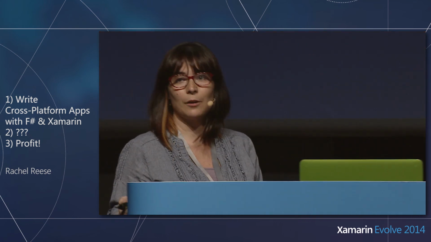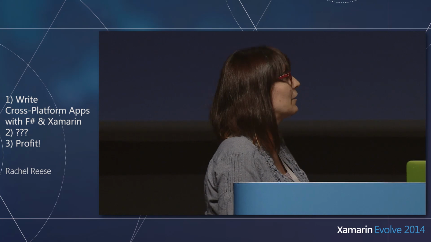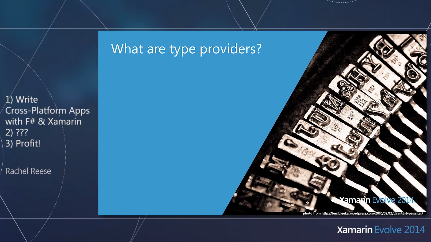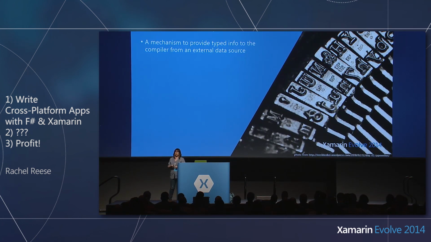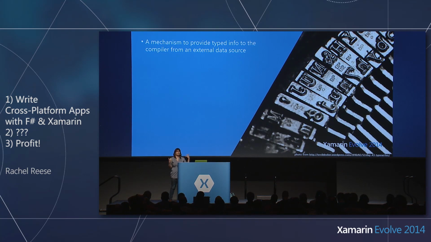Back to slides. I want to talk about type providers. Type providers are another big, important why F# topic. So what are type providers actually? It's a mechanism to provide typed info to the compiler from an external data source. So if you have SQL Server or a WSDL, or there's a few different databases online.